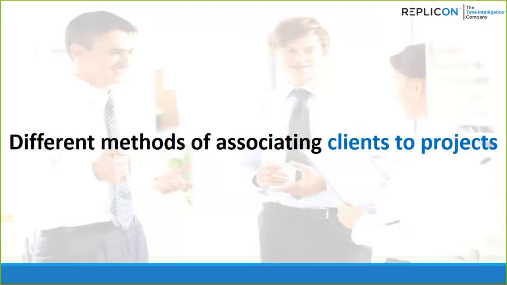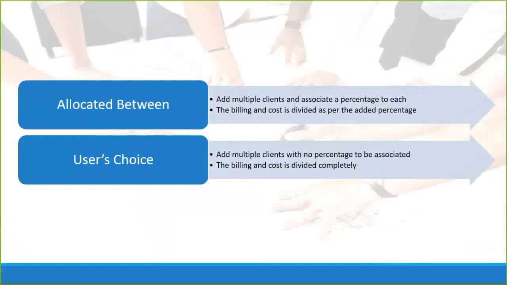And there are two basic ways of doing that. The first way is called allocated between. So you add multiple clients and then you associate a percentage to each of those clients that you have added into the project. Going back to our first example, I am going to be manufacturing about 100 laptops for one client, but also about 500 for the other client.